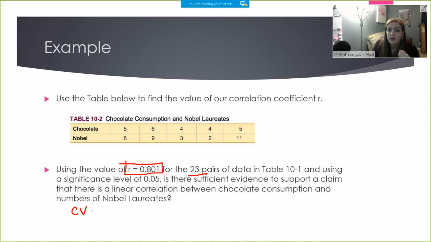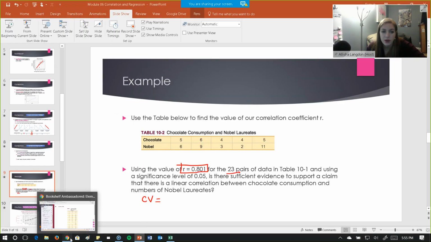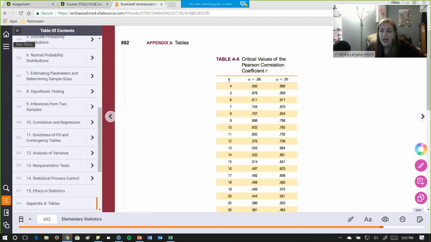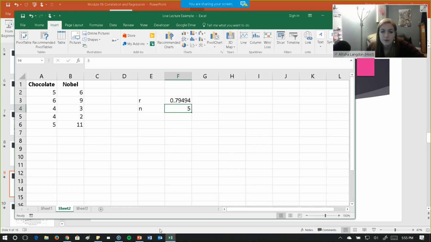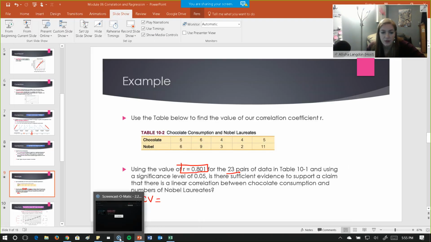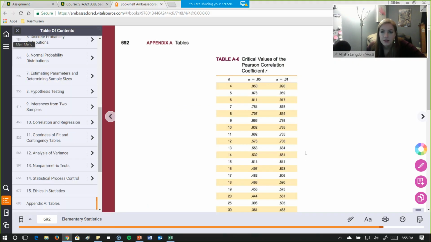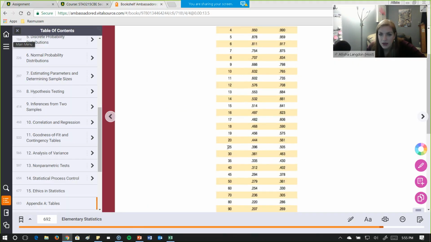Now, how do we find our critical value? Well, we have to use that table from our book. So let's go over to our book real quick. Now our N was 23. Remember, I upped it. So now it's 23 pairs of data instead of the 5 that we practiced on. So 23, okay. So notice you have 20 and 25. Just pick the number that it's closest to.